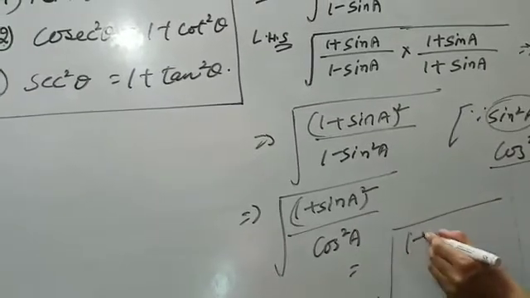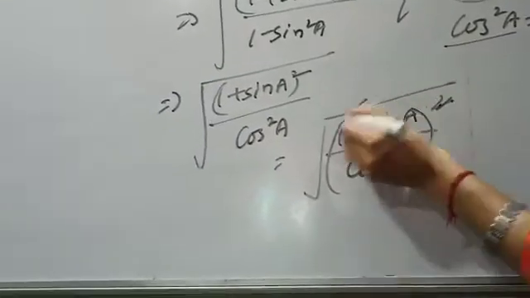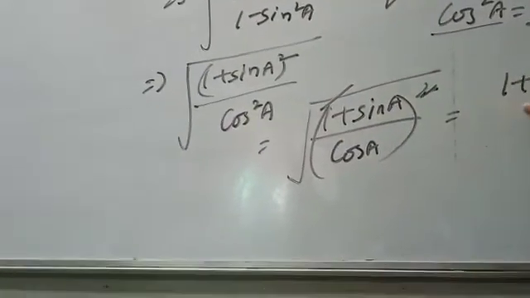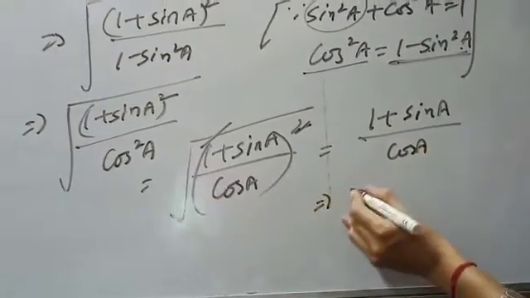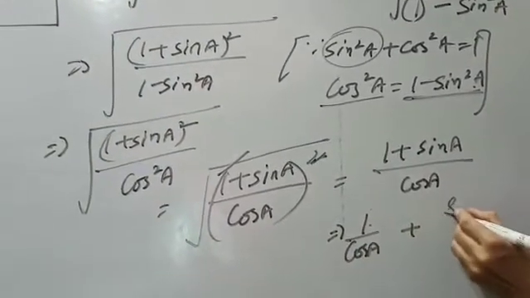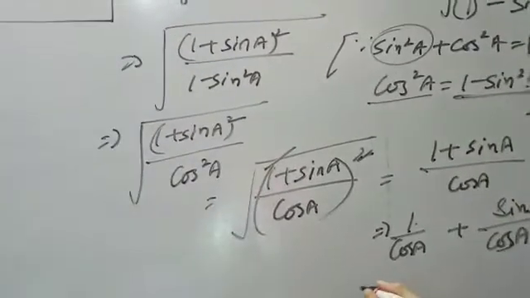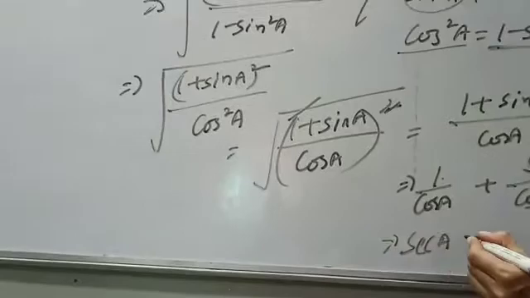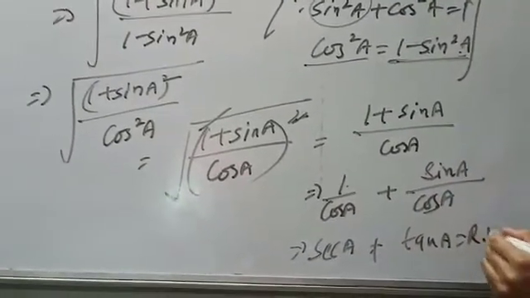So it is the square root of 1 plus sin A upon cos A whole square. The square and square cancel each other. We have 1 plus sin A upon cos A. So we can write 1 upon cos A plus sin A upon cos A. The reciprocal of cos we call secant, plus here it is tan A, which is equal to the right hand side that we had to prove.